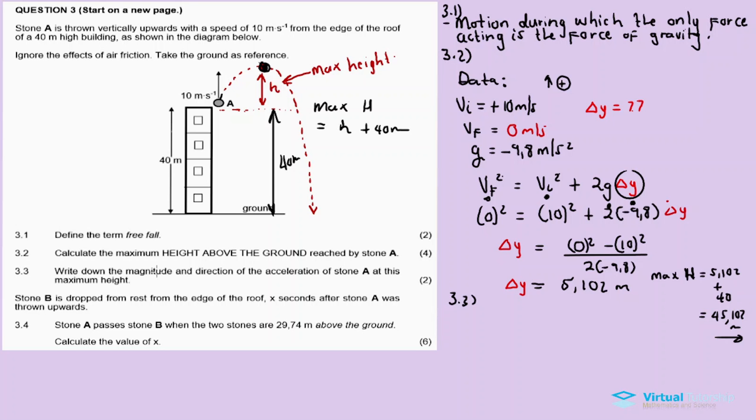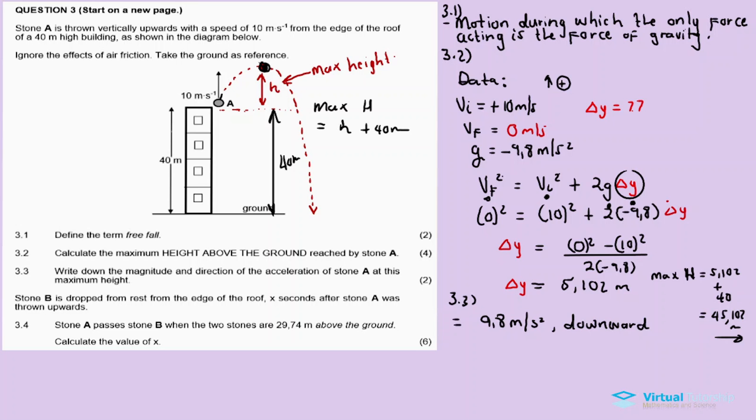But write down the magnitude and direction of the acceleration of stone A at this maximum height. That's what we calculate. It's equal to 9.8 meters per second squared downward.